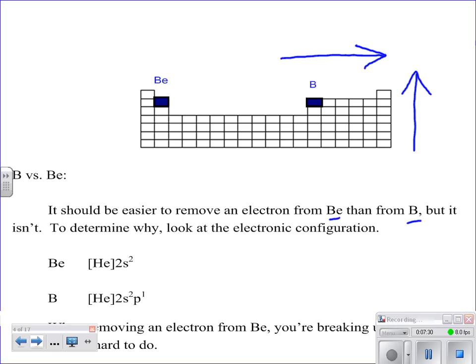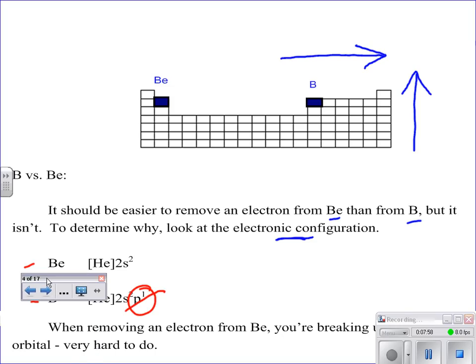This is a large part of why we learned about electron configuration, so that we can use it to help us explain some things that we see. Boron is easier to knock off an electron from. If you look at the electron configuration for these two, can you see why? Where's that electron going to get knocked off of? The p1. So this one can easily be knocked off.